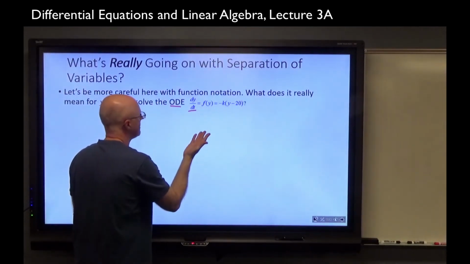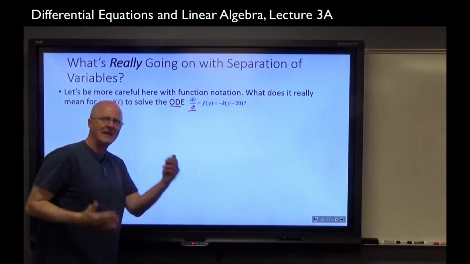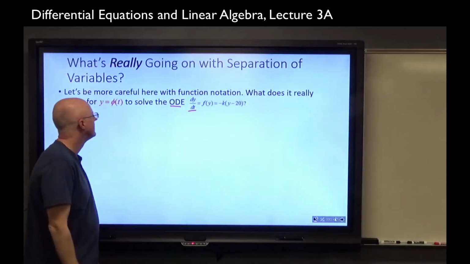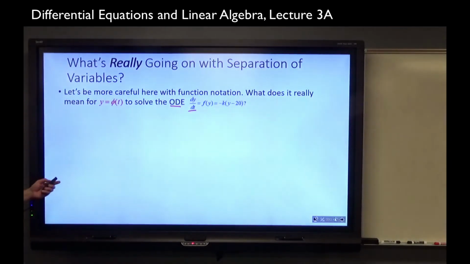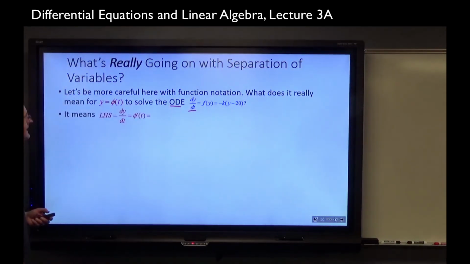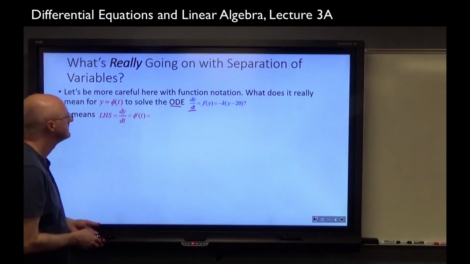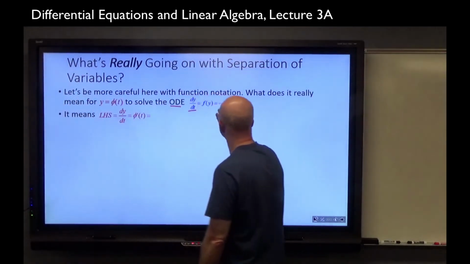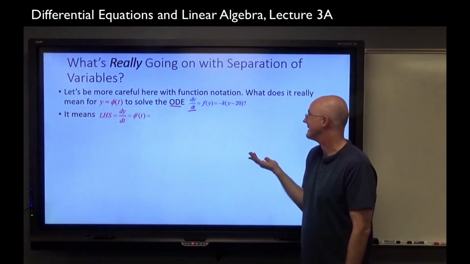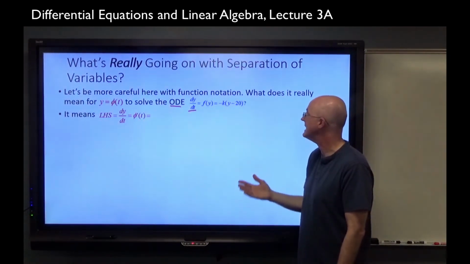What does it mean to solve that equation? It's the left-hand side, right-hand side stuff that I always emphasized in lectures 1 and 2. If I plug this function in on the left-hand side in place of y, that means I need to take its derivative and get that. To be a solution means I need to get the same function of t if I plug this function into the right-hand side. Replace the y with phi of t.